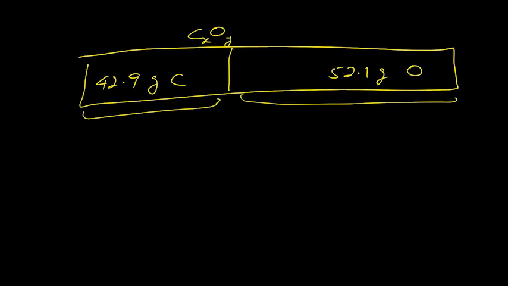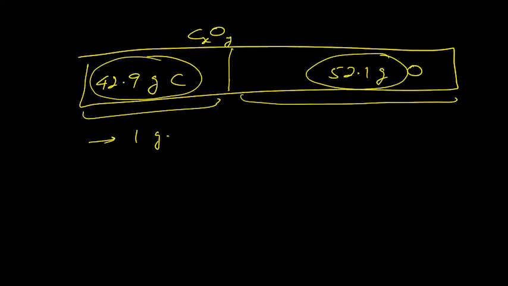But I have to fix the amount of one, so say I fixed it to 1 gram. Then if it is 1 gram, how much oxygen will it correspond to? So I have applied the unitary method. 42.9 gram carbon corresponds to 57.1 gram of oxygen, so 1 gram will correspond to this 57.1 divided by this 42.9.